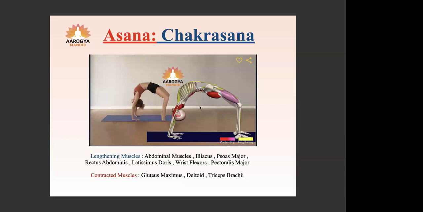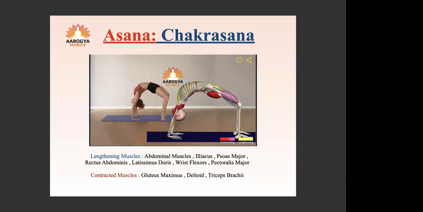While you are seeing the posture, you need to understand two important things. The muscles marked in yellow are the muscles which are getting stretched, and the muscles marked in red are the contracting ones. The muscles you see as pink are basically stabilizer muscles.